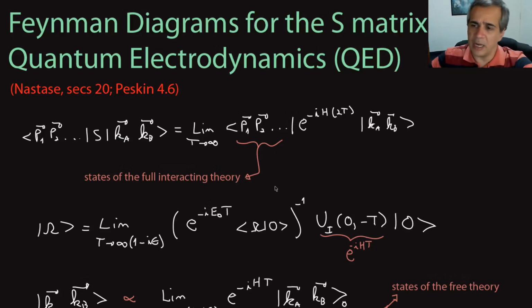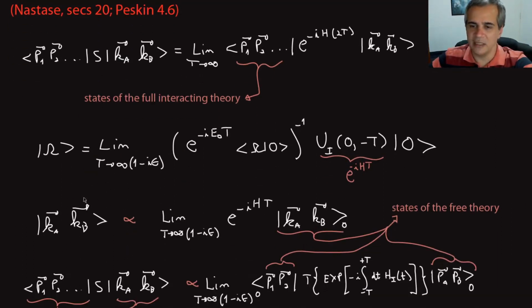And we were able to project these states of the full theory, in here the vacuum and in here any state of the full theory, into states of the free theory. These guys, we never wrote them exactly like that, but we wrote them as creation and annihilation operators acting on the vacuum, which is the same.